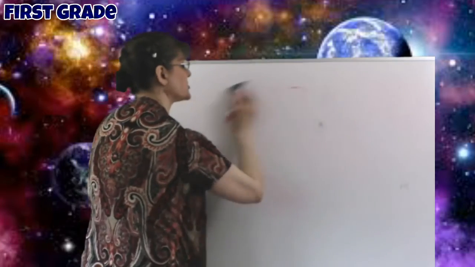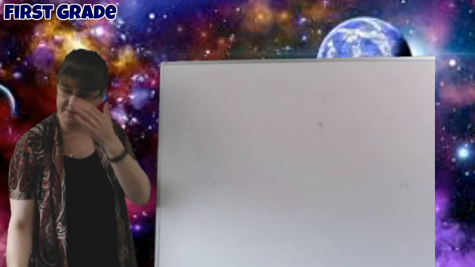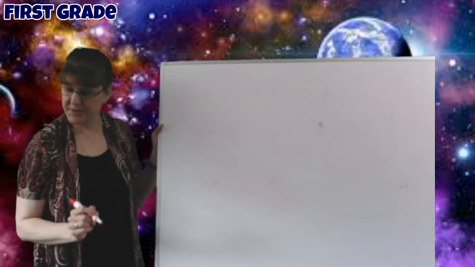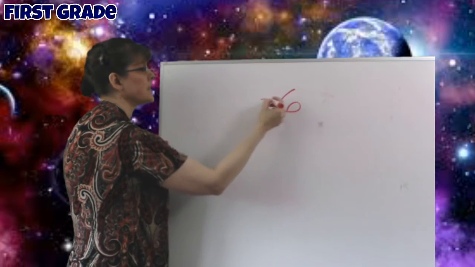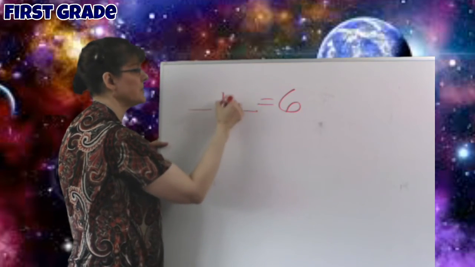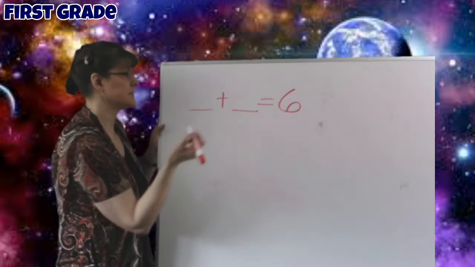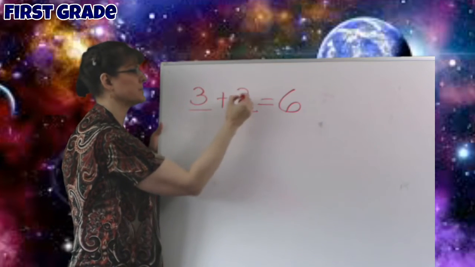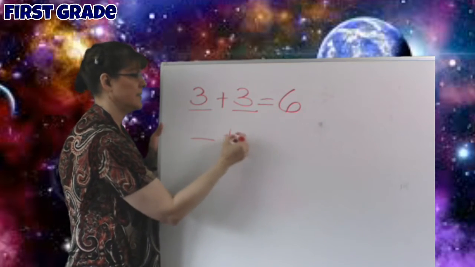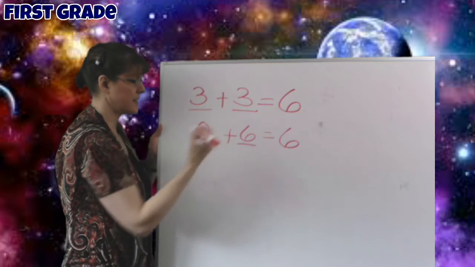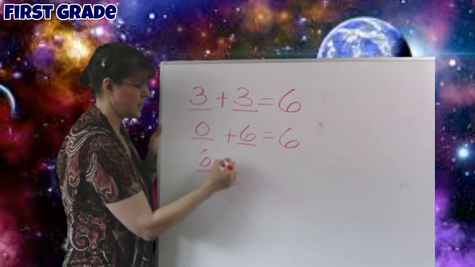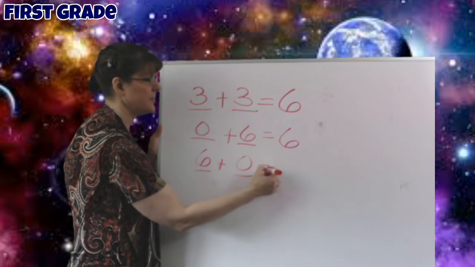Our next question. Ed has 6 marbles. How many marbles can he put in a red cup and how many can he put in a blue cup? So you get to pick 2 numbers that add up to 6. You could do a double. 3 plus 3 is 6. You could have 0 in one jar and 6 in the other, or 6 in one jar and 0 in the other.